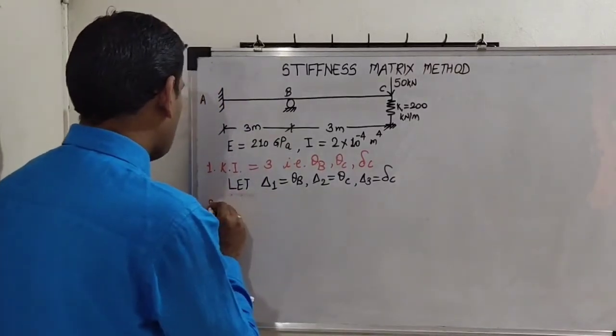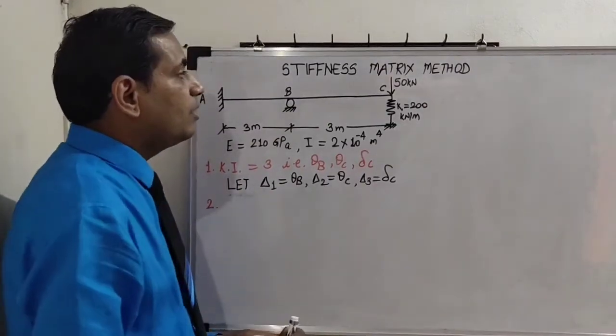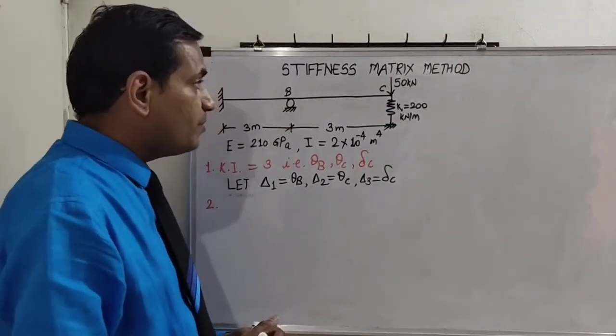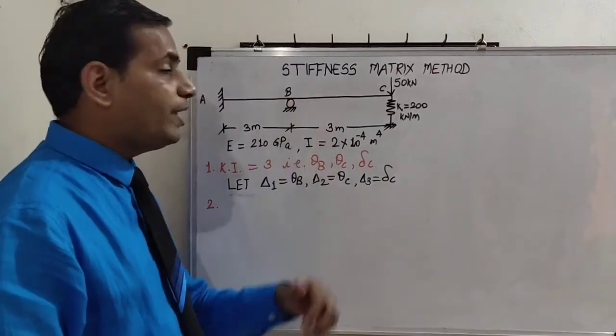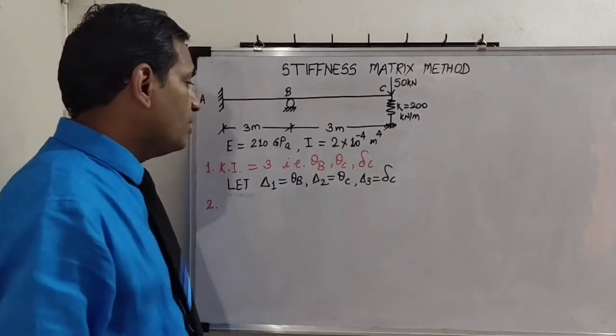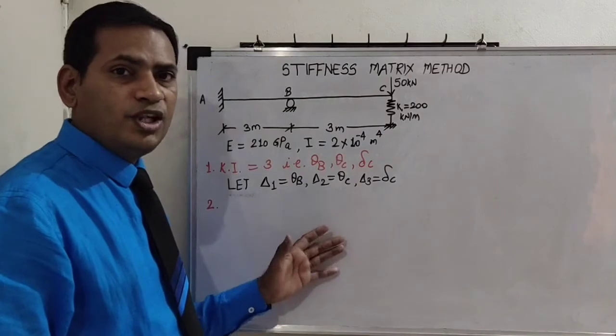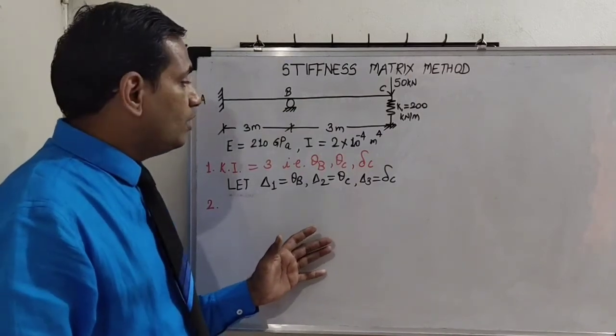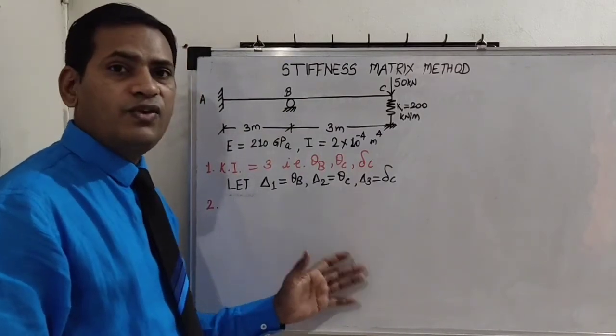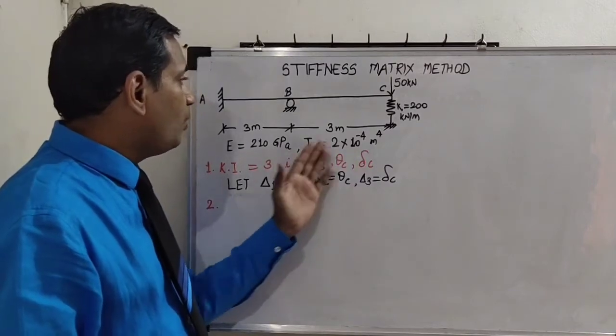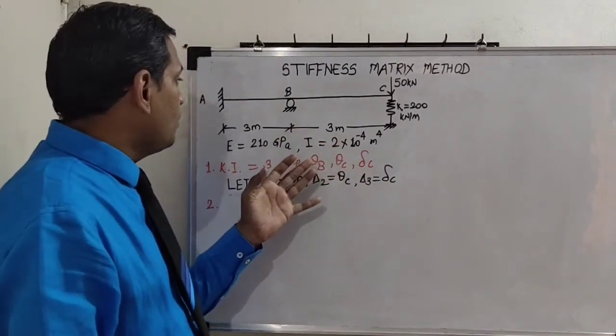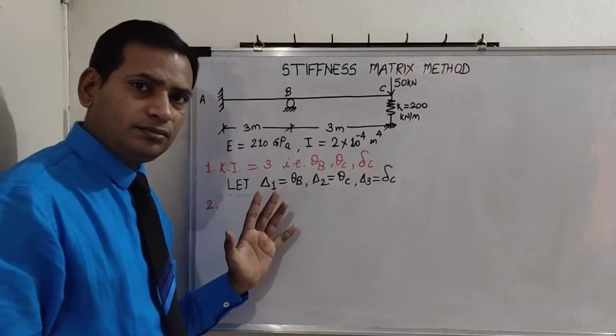Second step. In all problems previously for stiffness matrix method, we used to first find fixed end moments, and then get the summation of fixed end moments on different locations. Here all fixed end moments will be 0. Why?